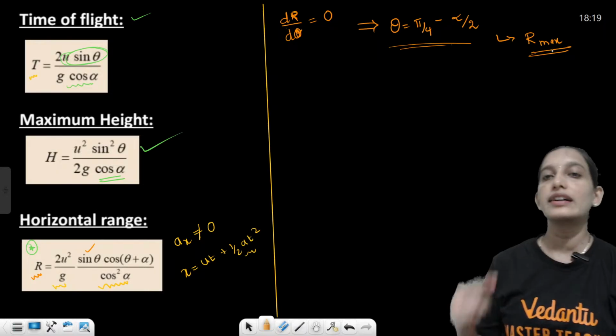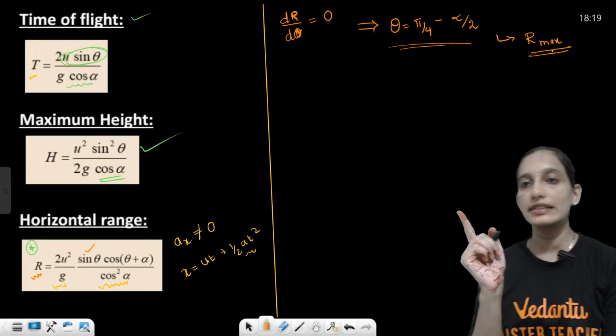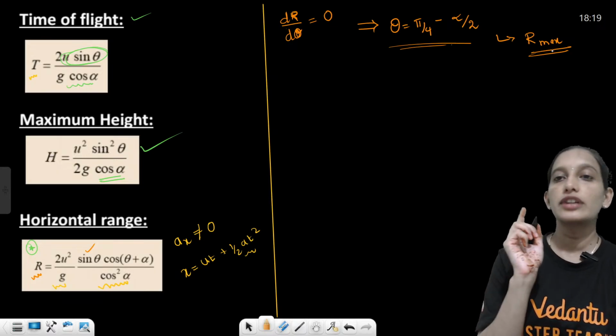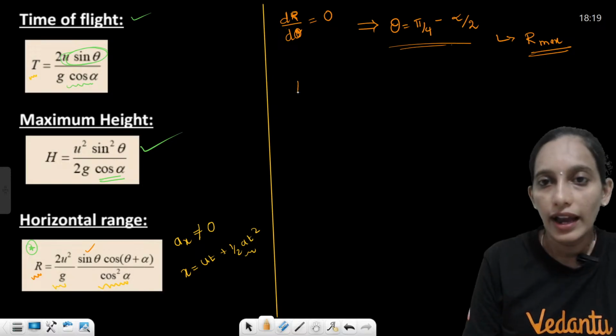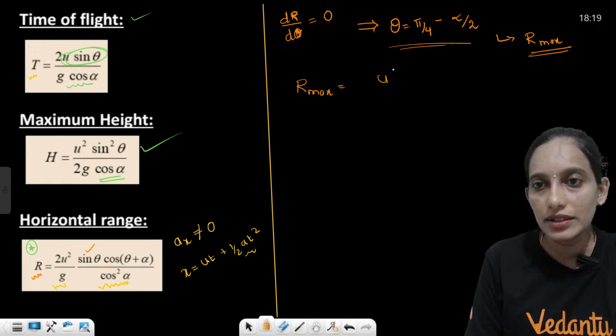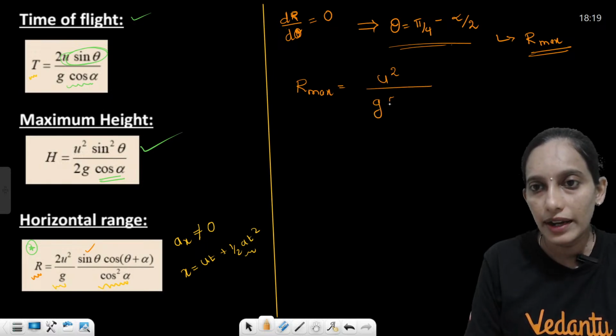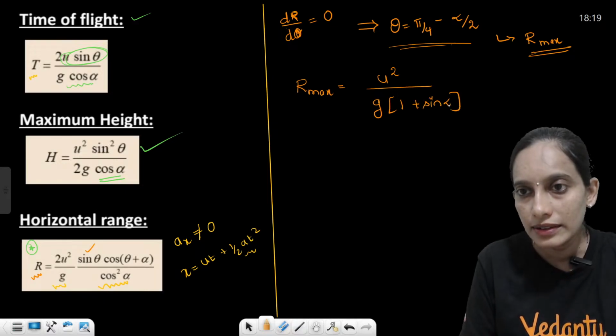Theta, again I am repeating, theta is the angle between you and the inclined plane. Okay, so that should be equal to pi by 4 minus alpha by 2, and maximum range is given by R max is equals to u square by g into 1 plus sin alpha.